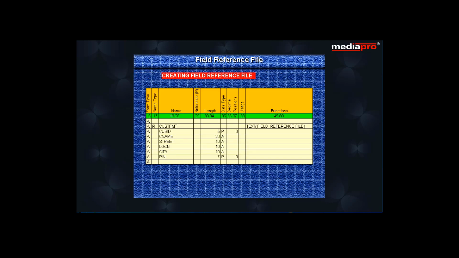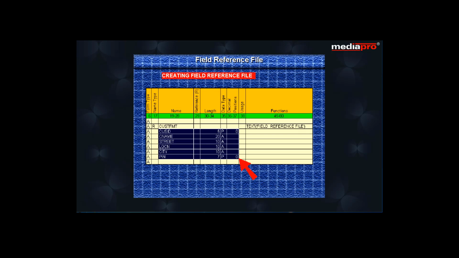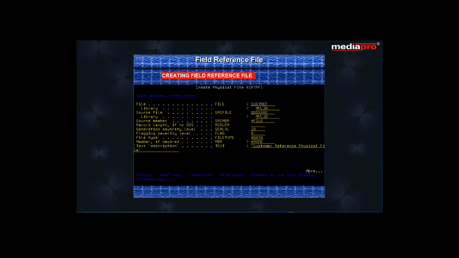We code the field reference file just like we code the physical file. We have a record format name, and then we define all the fields that we want to include. We use the create physical file command to create the field reference file.